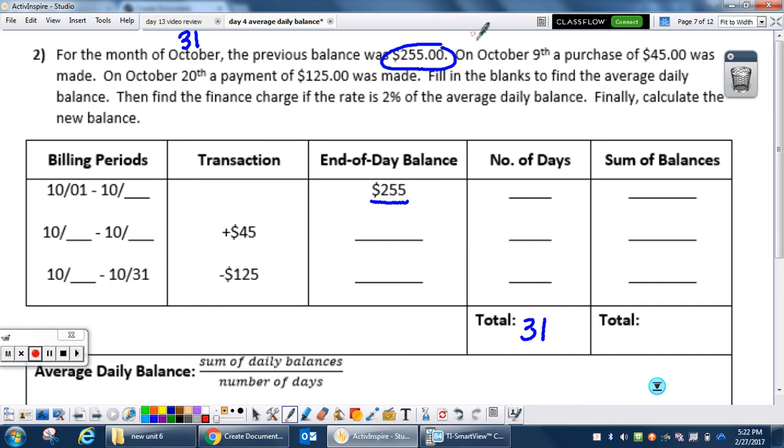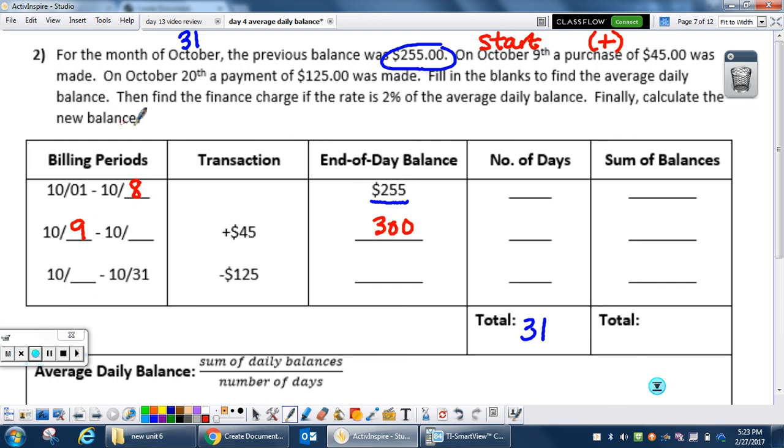And then October 9th is a start date, which means it goes right there. So in the billing period, you have to do 10/1 to 10/8. Okay? A purchase, which means it's adding to our total, was made. $45. So what I would do is $255 plus 45 now gets you to $300.